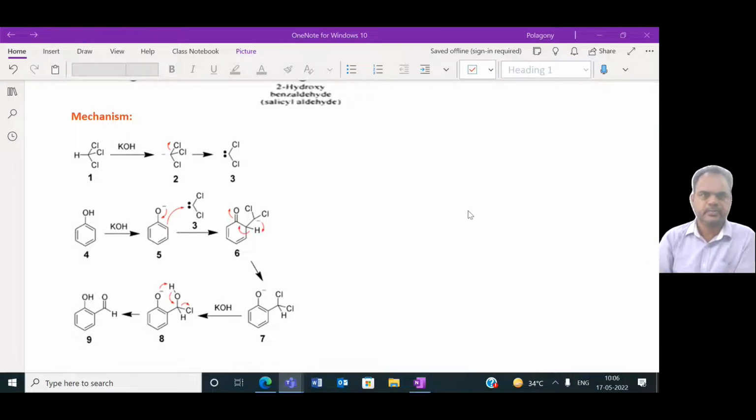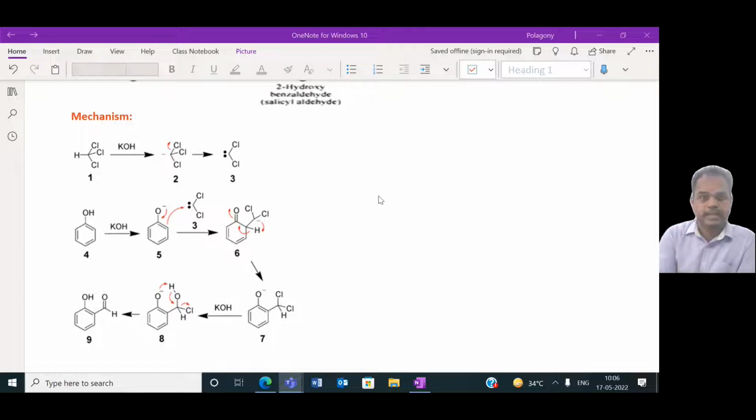In the mechanism of the Reimer-Tiemann reaction, in step 1, the chloroform loses a proton, which is called deprotonation by the alkali solution, the strong base.